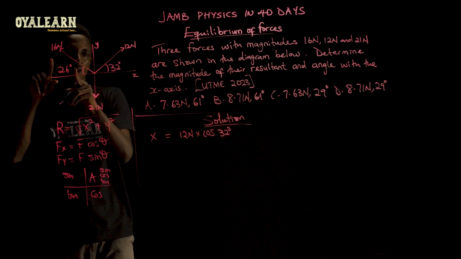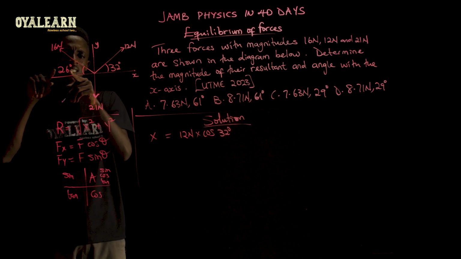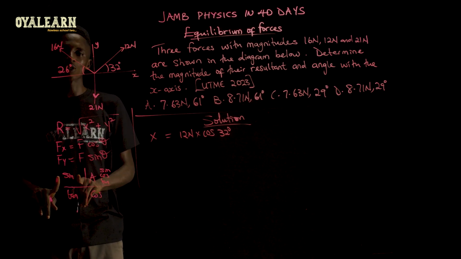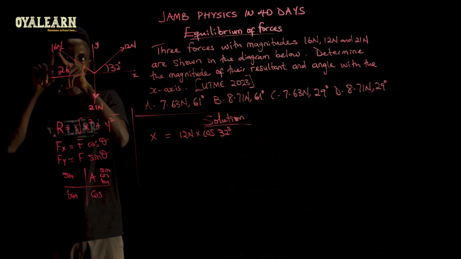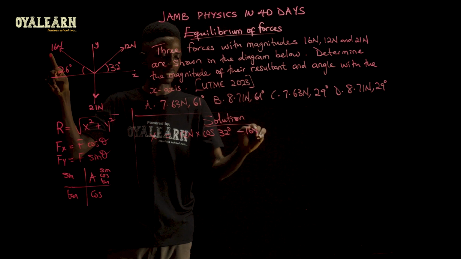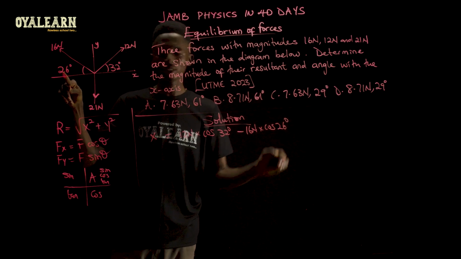Now, to the next one. We have 16, but this angle to the x-axis falls in the second quadrant. And in the second quadrant, only sine is positive. So this has to take the negative sign. So it will be minus 16 newtons multiplied by cos 26 degrees.